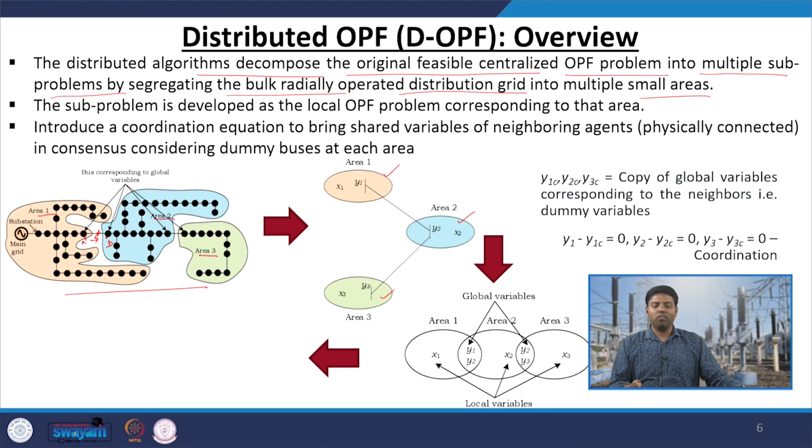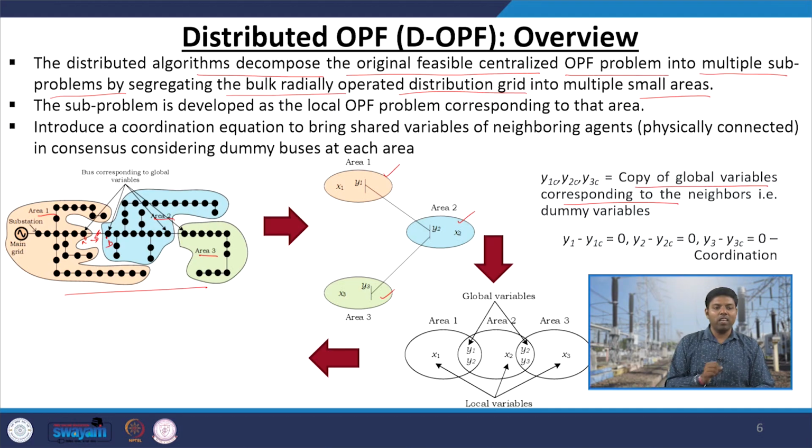So, you need that information. These coupling variables, or the global variables between the two neighbors, are the variables which are common between the connecting agents or connecting areas. We call them the global variables.